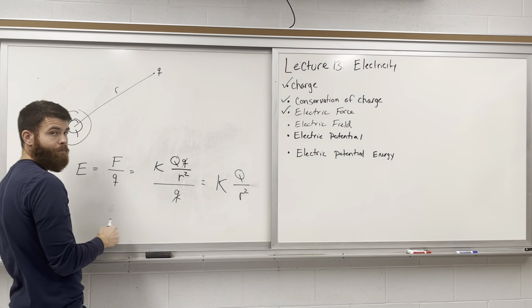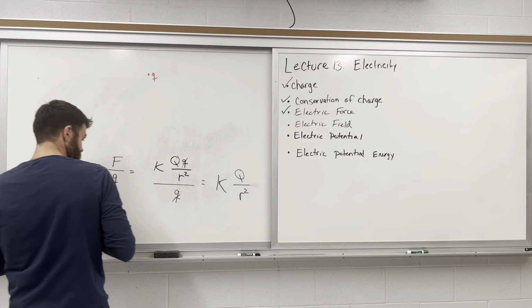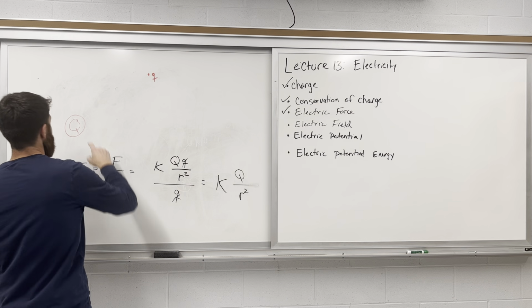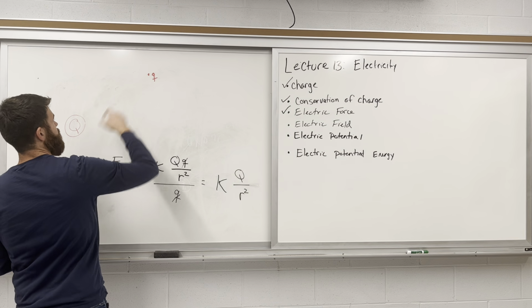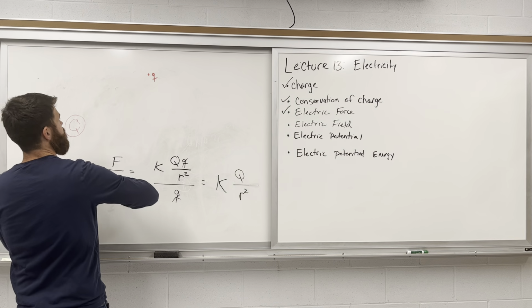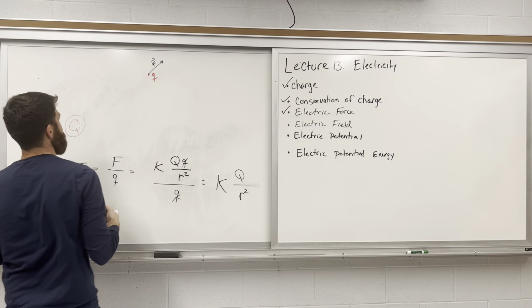If Q is a positive charge, then little q is always going to be a positive charge. Then the electric force that Q exerts on little q is going to be repulsive. So it's going to be in that direction.